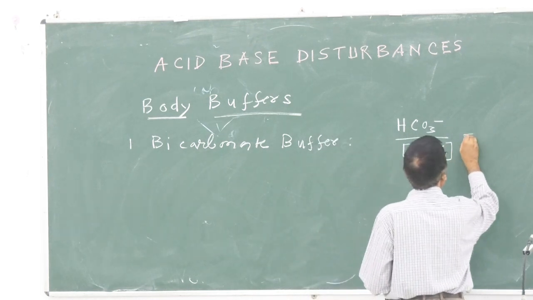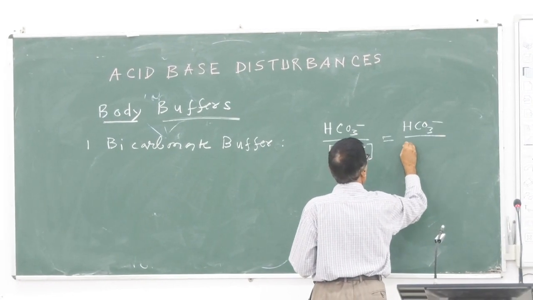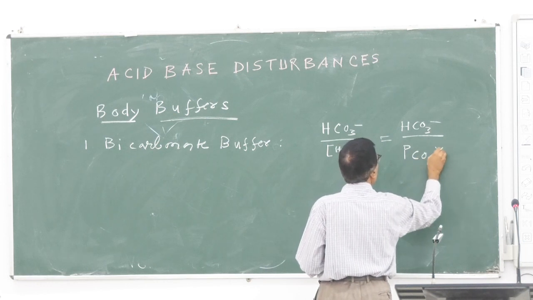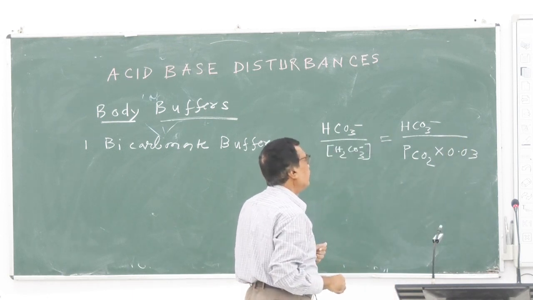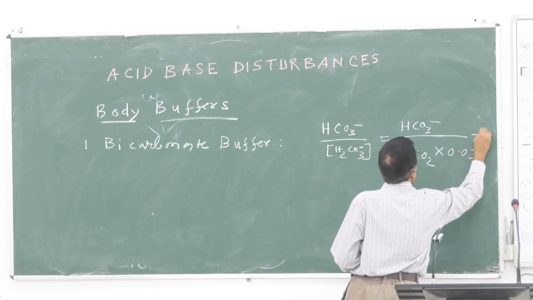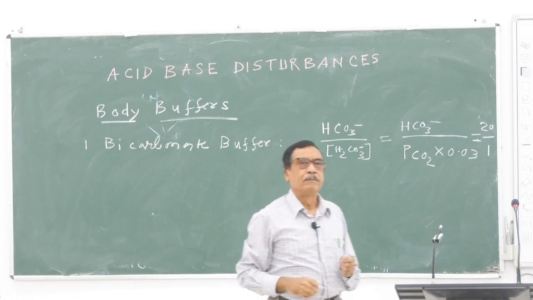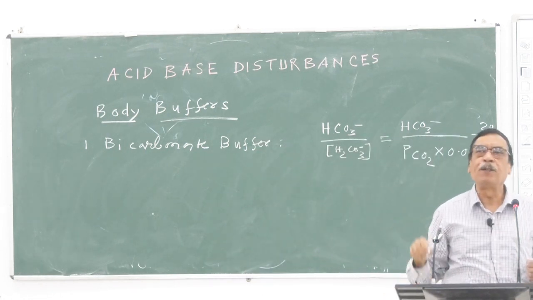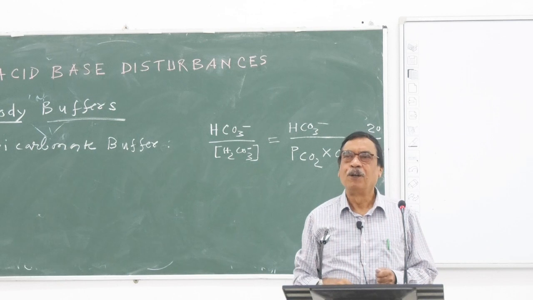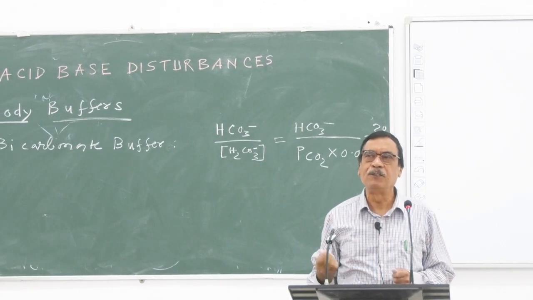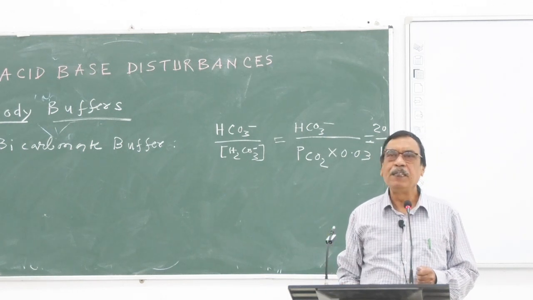It can be written as bicarbonate by PCO2, and the normal ratio is 20/1. It is a ratio which is very important. Depending upon this ratio, whether the pH will be normal, decreased or increased will be calculated. Based on this ratio, pH is dependent.